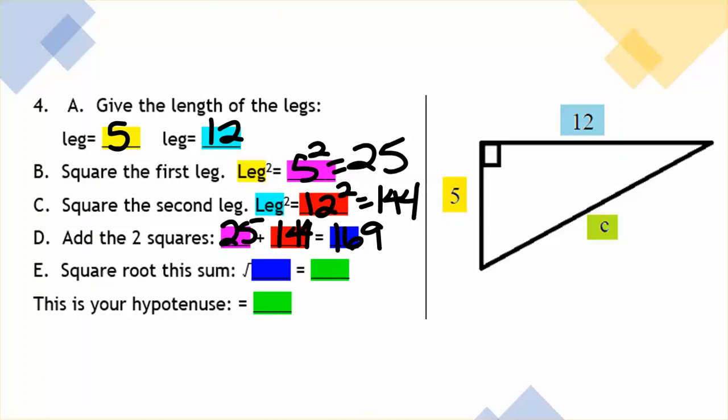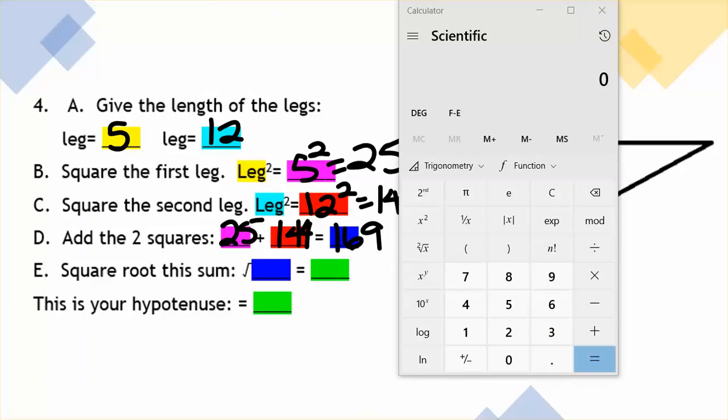Then our last step is to take the square root. So again, this is a time you'll need your calculator. So go back and look at your calculator and make sure in the last assignment you figured out how to do those steps. In this calculator, I take 169, then push the square root key.